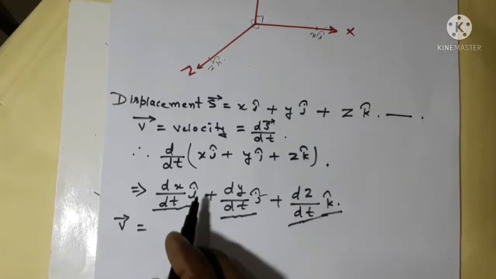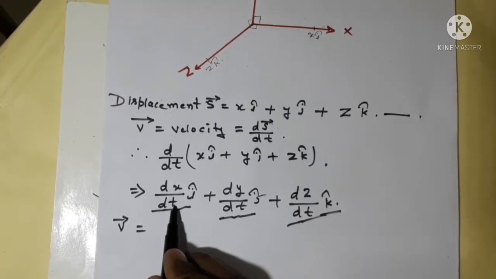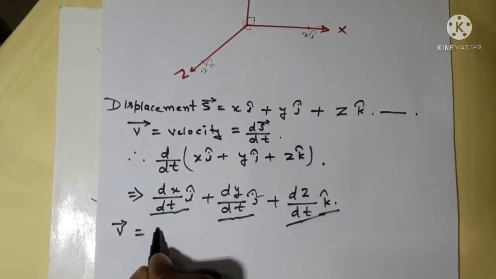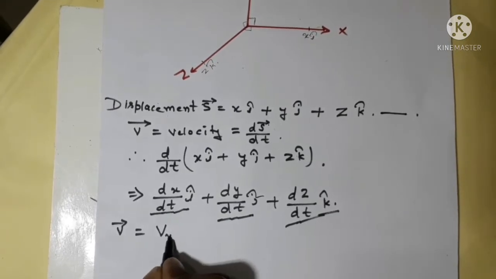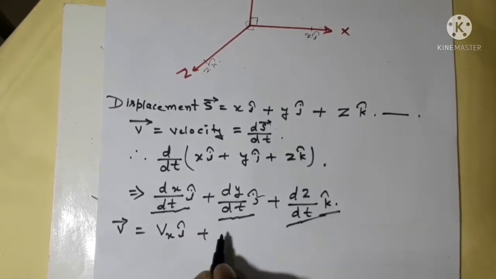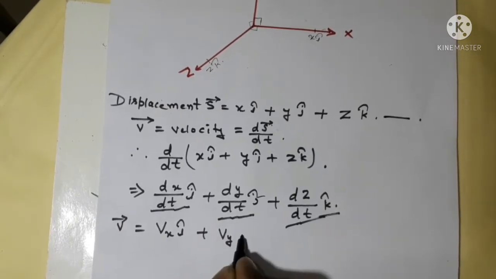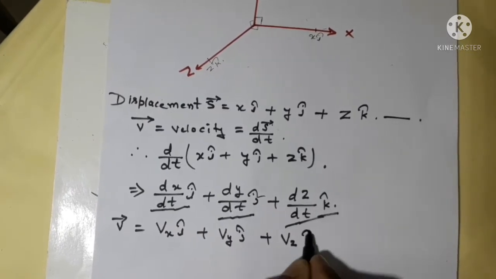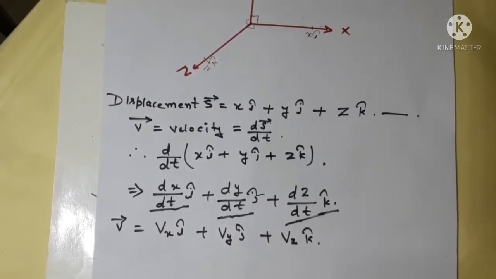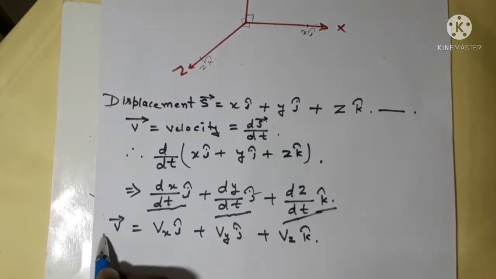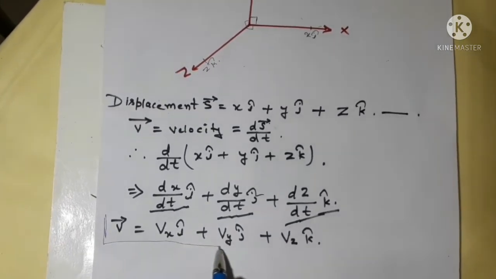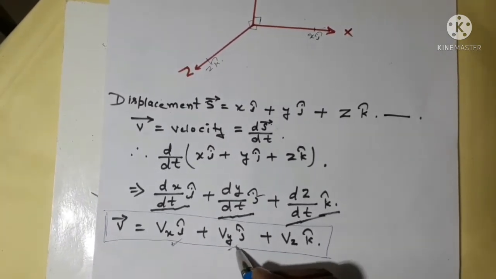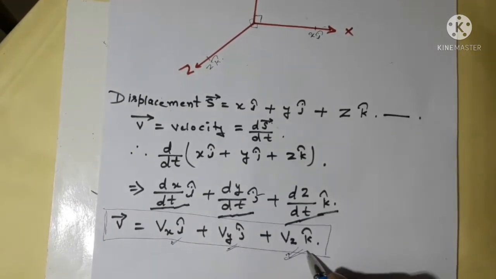Rate of change of displacement is known as velocity. This is x-axis velocity, this is y-axis velocity and this is z-axis velocity. So displacement is written like this. This is x-axis point, this is y-axis point and this is z-axis point.